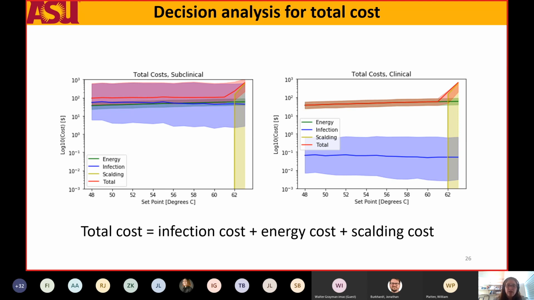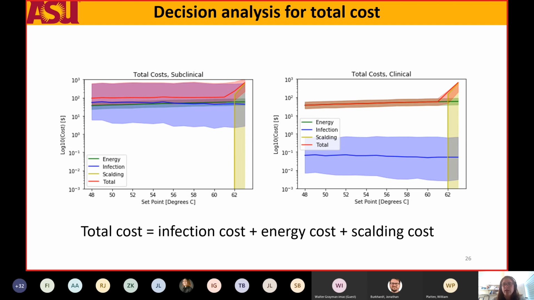But we'll notice that our confidence bands, depending on which dose response model we use, so our subclinicals on the left and our clinicals on the right, that our infection bands can be quite wide compared to some of the other bands. And at least for the scalding situation that we've modeled, it doesn't start to be an issue until we get to an extremely high set point, which no one probably would really use, of 62 degrees, where we see a jump up there, if we consider our necrosis and other endpoints.